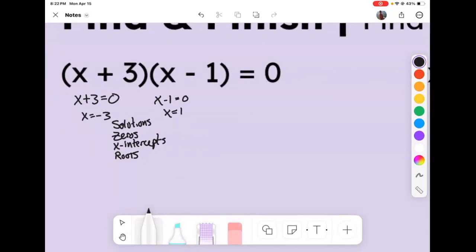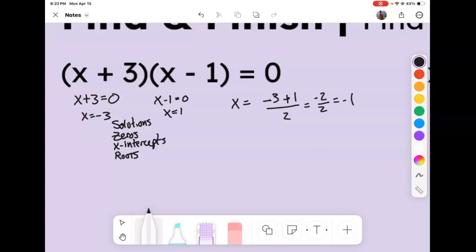In order to find the vertex from this, I know that my vertex has an x value that's going to be in the middle of my two x-intercepts. So if I add my two x-intercepts and divide by 2, I'll get, in this case, negative 2 divided by 2, which is negative 1.